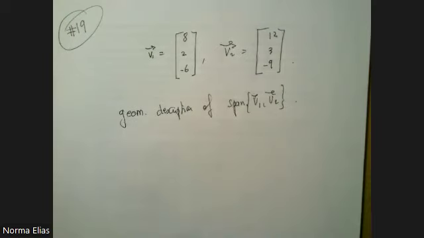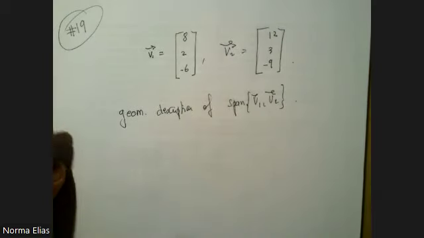Josia tells me the span is a straight line. Do you agree with Josia? Yes, no, why? Yes, because. You guys have to justify everything. They are multiples of each other.